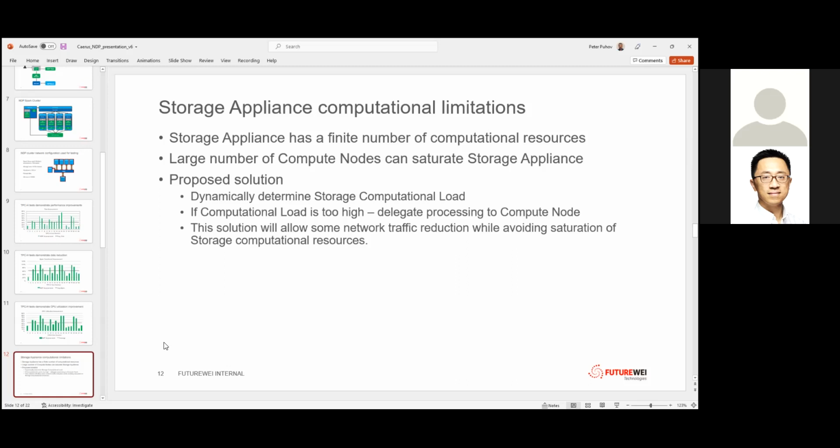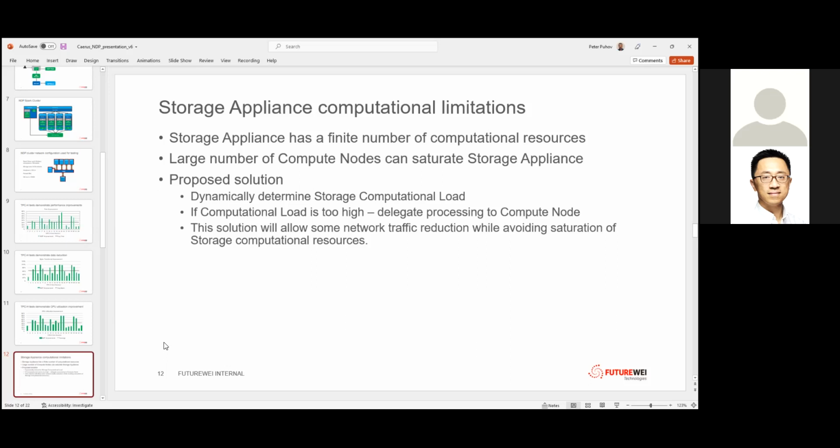Yes, storage can do the data reduction, but it needs to open a file, decompress it, and run some filtering operations. Filtering is reasonably cheap, but if it's an aggregate or group by, it's a compute-intensive operation, and it cannot always keep up with the scale of the computational cluster.